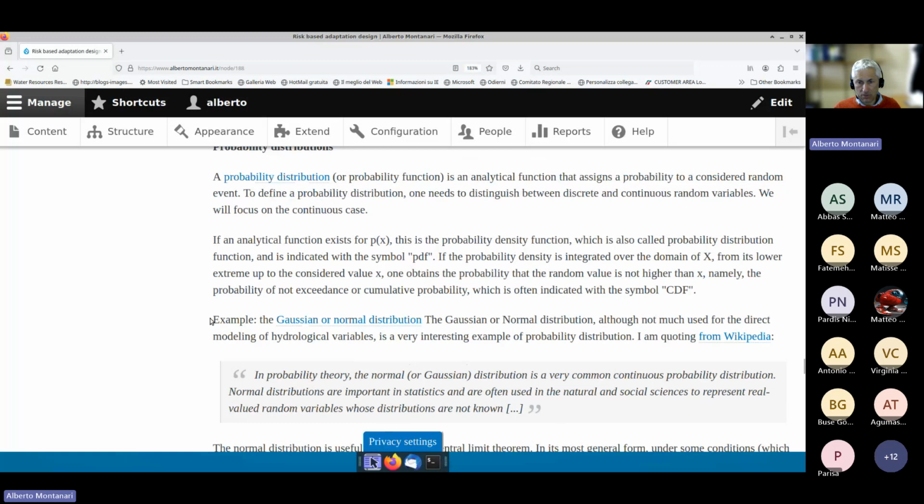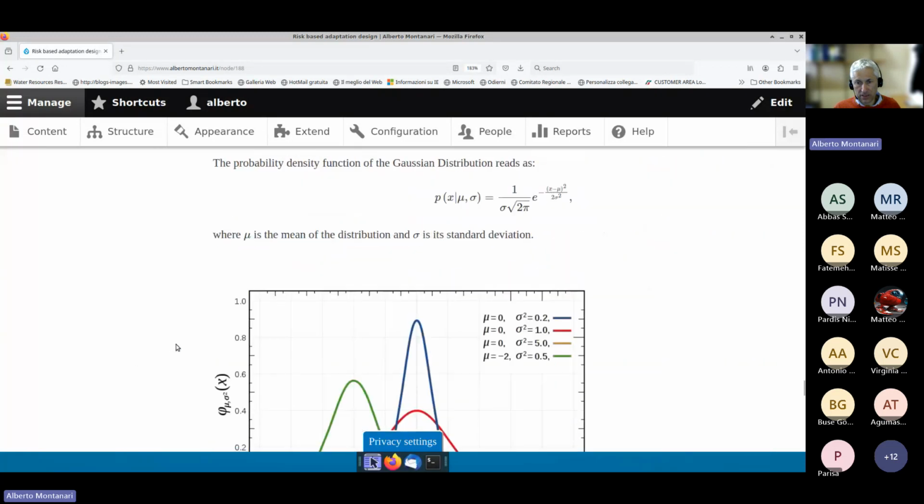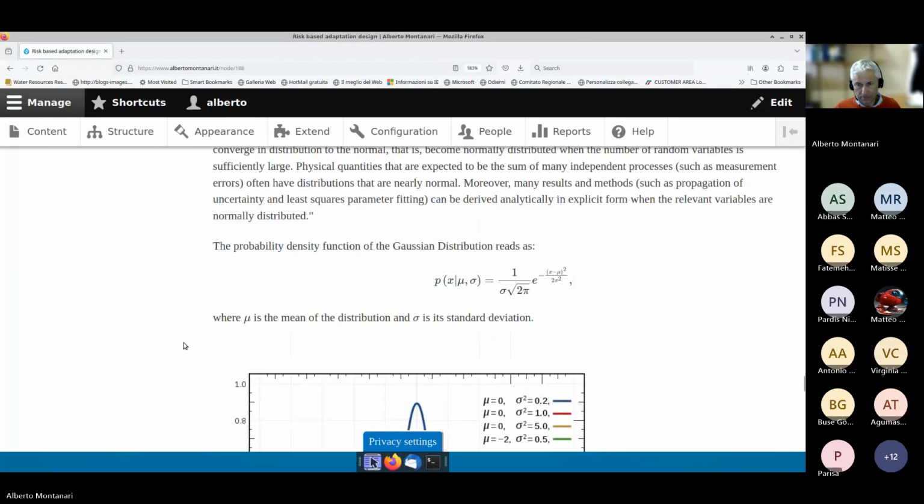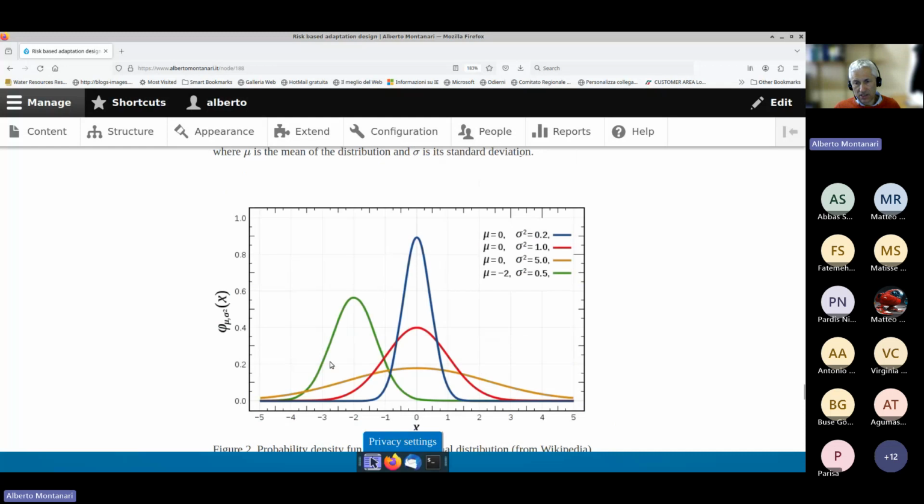The Gaussian or normal distribution, which is very useful. It is a distribution that has the shape that you can see here, the density. You see that it's not particularly long-tailed and it's symmetric. The left tail is equivalent to the right tail. Here you can see different shapes for the normal distribution.